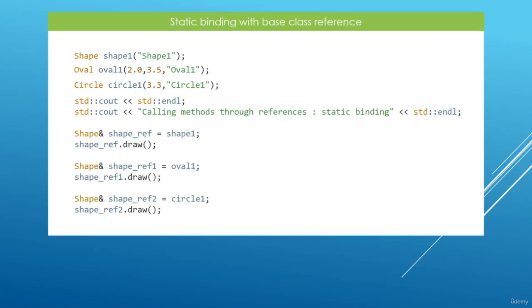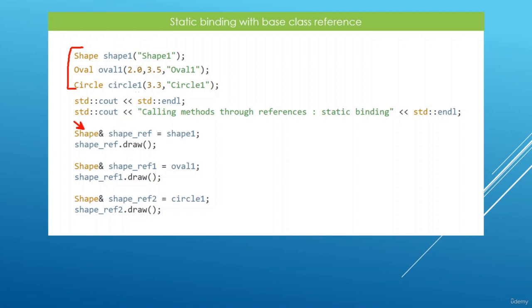We also get the same behavior if we try to use a base reference to manage our actual object in memory. Here we have the same kinds of objects we had in the previous slide, and we are using a base reference to manage our object. And what we really want is that if we go through a base reference to call our draw method, we will get the most specific draw method called.